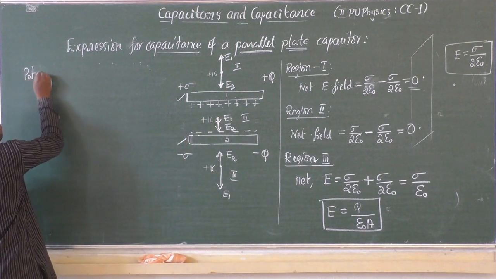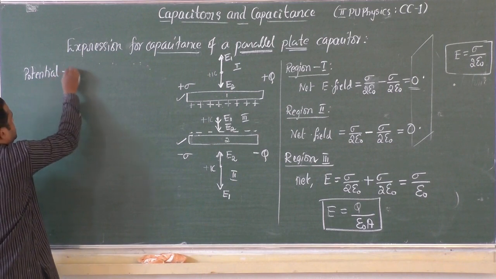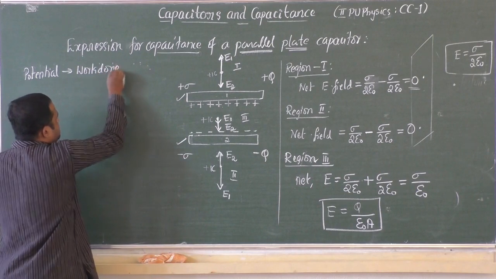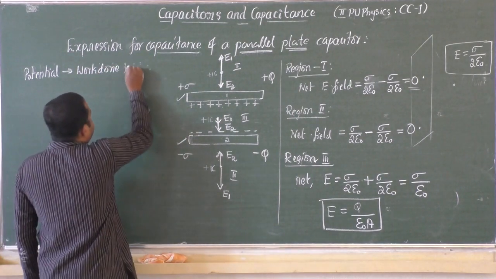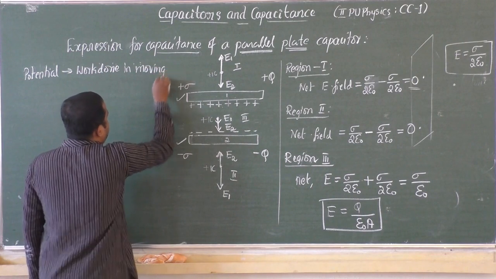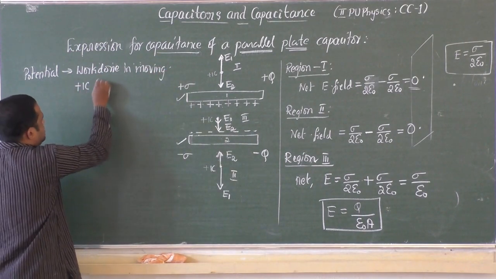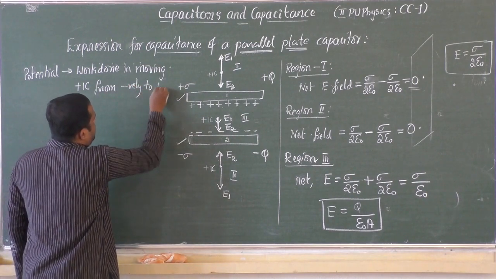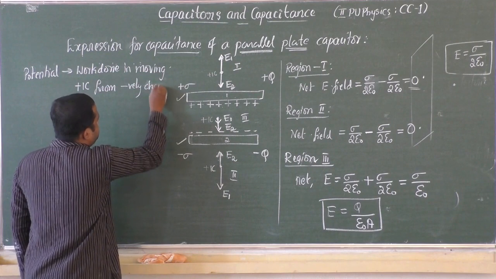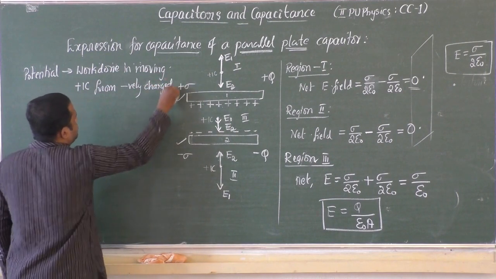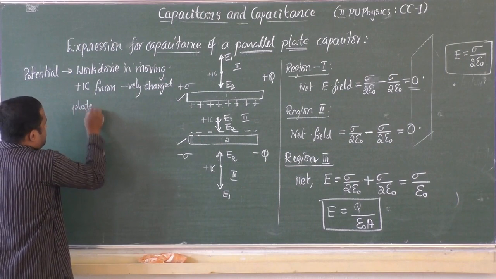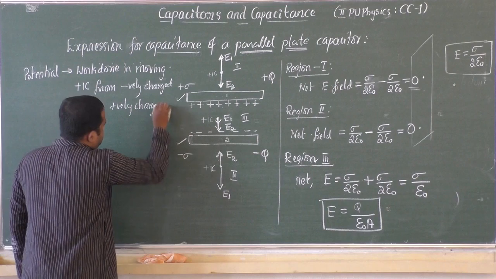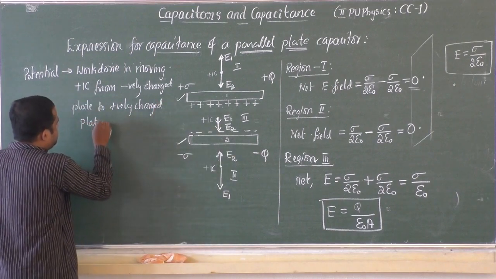So potential between the plates of capacitor is nothing but the amount of work done in moving or shifting a unit positive charge from negatively charged plate to positively charged plate, or conductor.